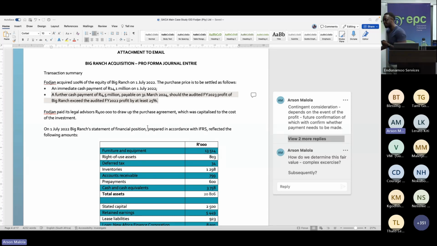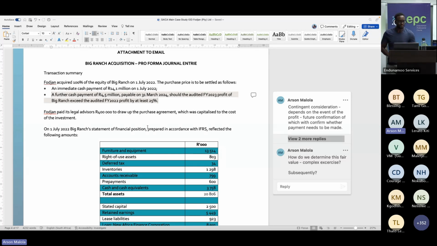I'm not just saying we need an expert for valuation. You'll ask, why do we need an expert? But now you've articulated the complexity of a valuation like this, and therefore you're just throwing it out there as a thought. Maybe we need to get a valuation expert to assess or confirm. Because also, I would imagine this is a material business combination, so it's worth getting this number right.